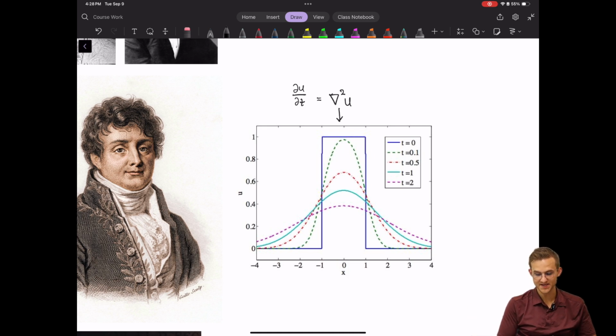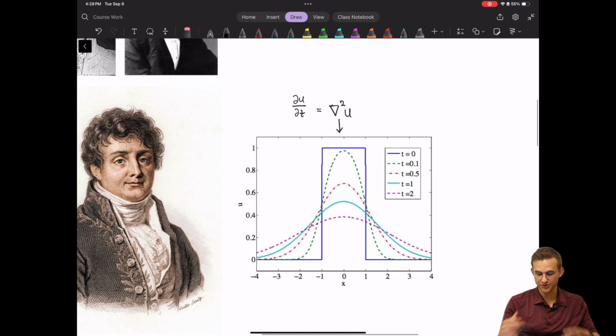This is one of the ways that, at a glance, you can look at a PDE and see, or look at a numerical solution, and guess that one of the terms is leading to the type of physical phenomena that you're seeing. You might see that the numerical solution to a specific problem has this spreading out feature is really strong.